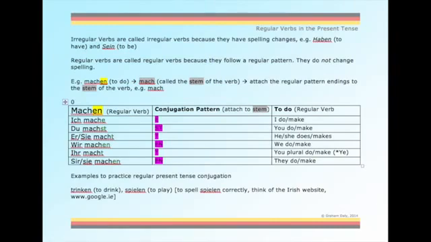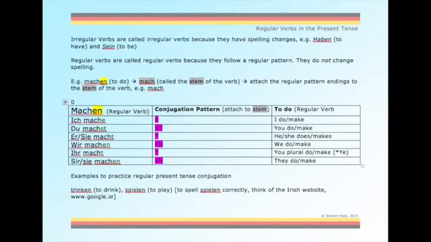The next one is wir, and then you have mach, which is the stem. Because it's regular, it does not change. And then for the ending, you put on en: machen. And then put a line under machen. In the next one, ihr, ye, how do you think we started off? With mach, yes, because it is regular, it does not change spelling. And then you put T on the end.